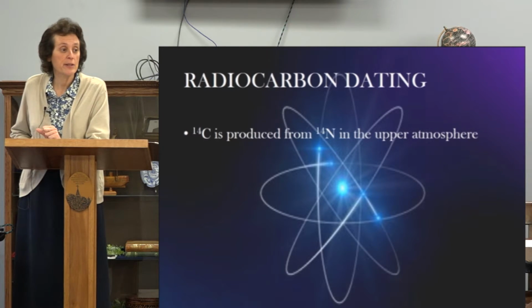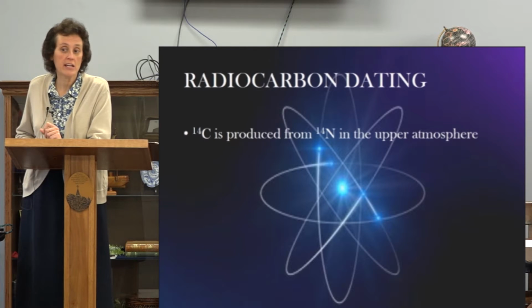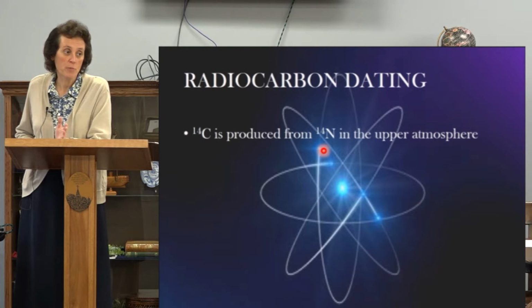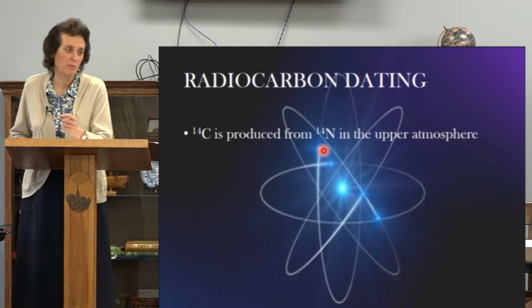So when the atmosphere is bombarded by cosmic radiation from outer space, it will produce radiocarbon from the normally stable nitrogen atoms. All right, so in the atmosphere, not only do we have nitrogen and oxygen, we also have a lot of carbon dioxide. You've heard of carbon footprints and the fact we've got to stop the carbon dioxide emissions because of global warming and on and on.